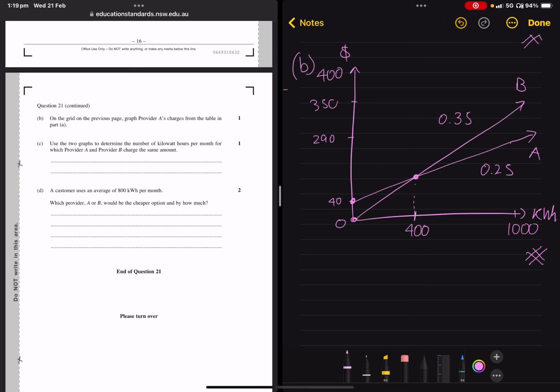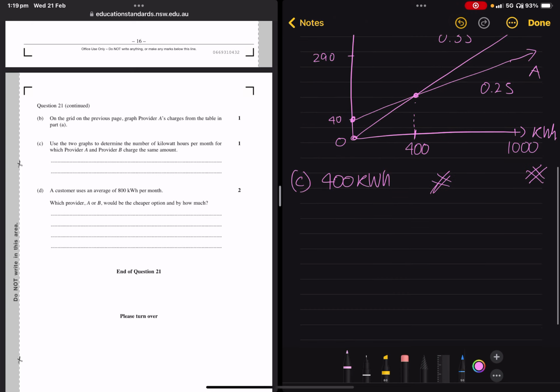So this is roughly where 400 would be on this axis. And so 400 kilowatt hours is in fact the correct answer. And if you graphed these perfectly on the grid, it would be very obvious that this was the point. So the answer to part C is 400 kilowatt hours, and we're just reading that off the graph.